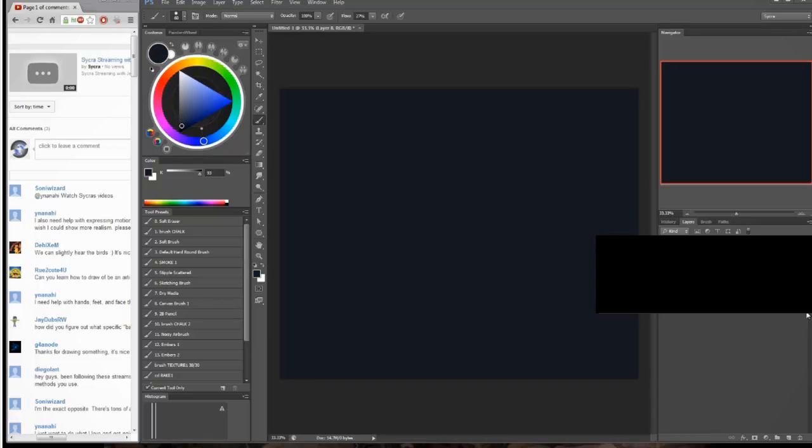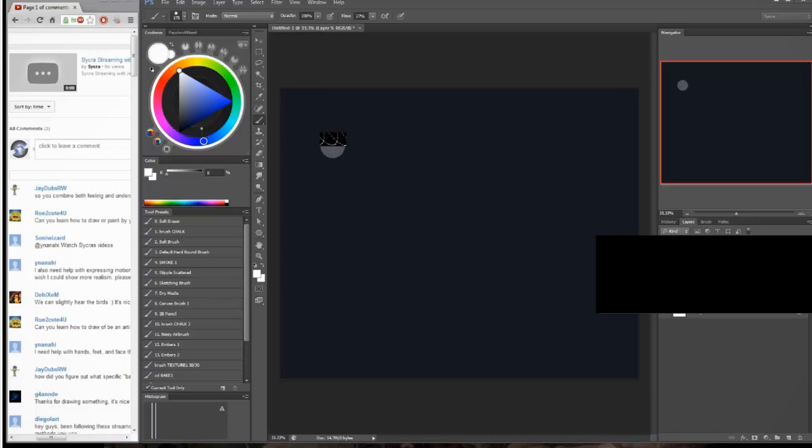So we got space. Okay, now we have the sun. So here's the sun. Wait a minute, that's not the sun. The sun's yellow. Nope, it's not. The sun gives off white light.